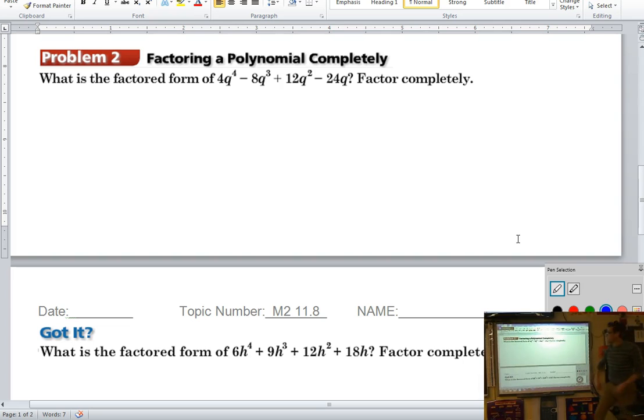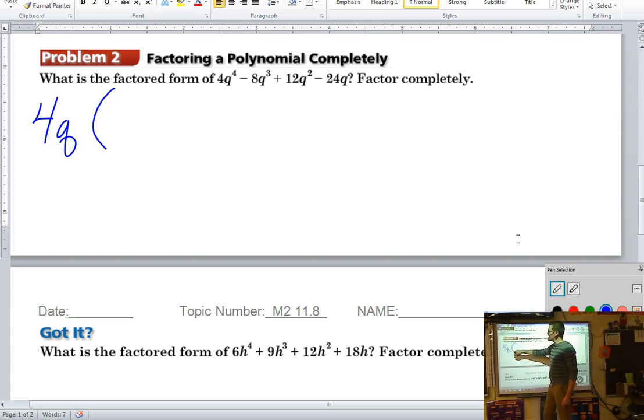Never mind. So if we factor out the 4q, this will then leave a q for the last term, because this last term is not a constant. We don't have a constant here at all yet. So if I factor out a 4q, it doesn't matter what's in here. Pause for a second.